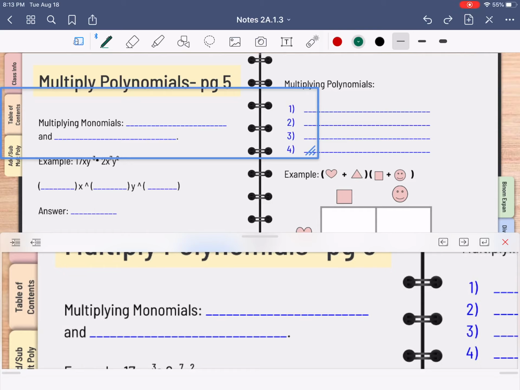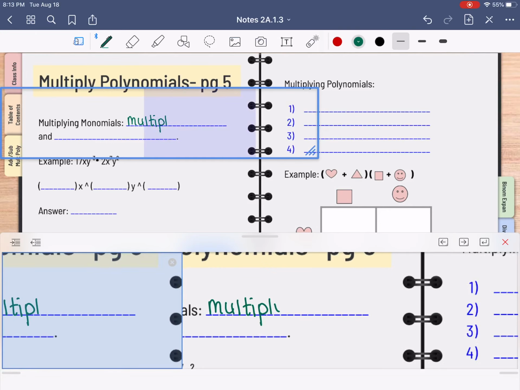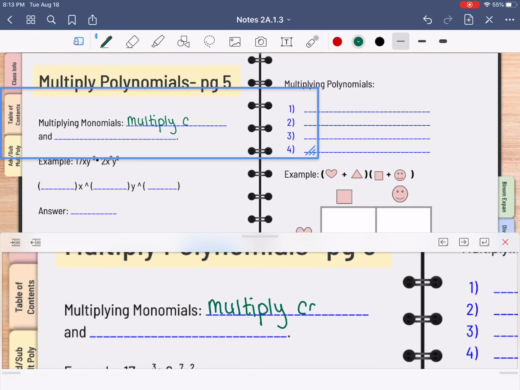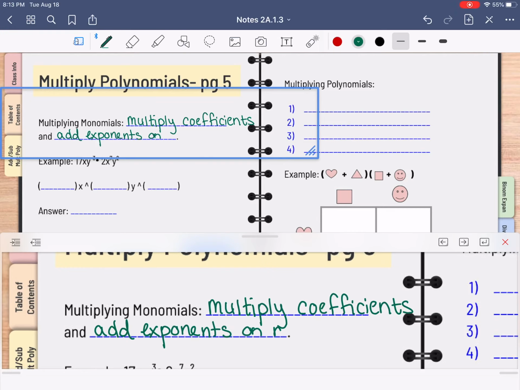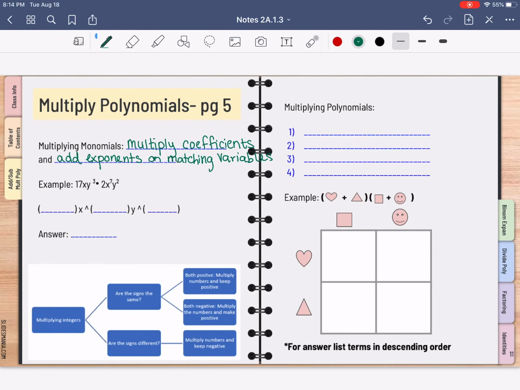All you have to do is multiply coefficients, that's the number in front, remember, and add exponents on matching variables. You just typed it in, you didn't handwrite it.